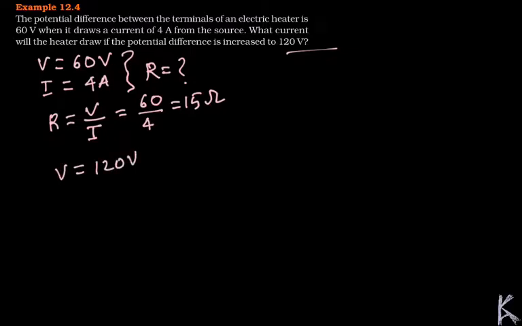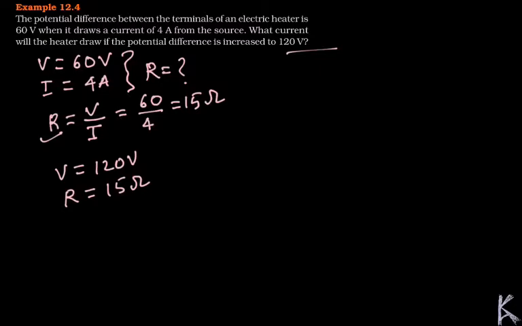Okay, but R is still the same, because the resistance of the electric heater, the resistance of the appliance, will remain the same. We have calculated the value for resistance here, and we will use this value of resistance for finding the value of current.